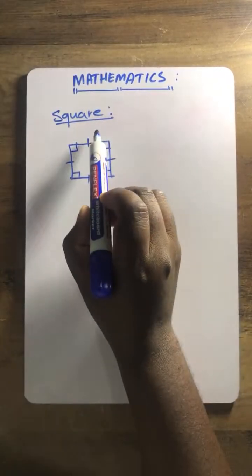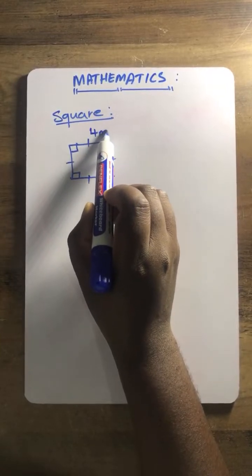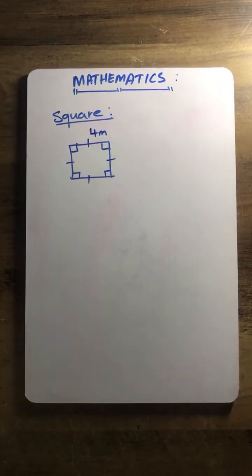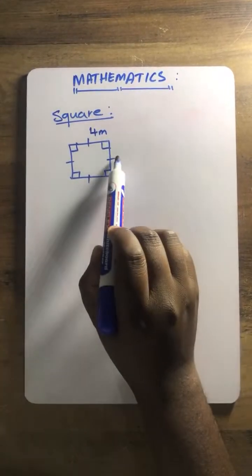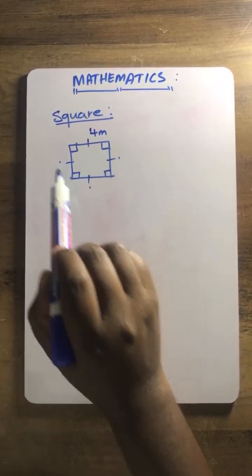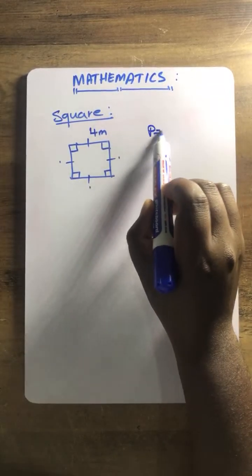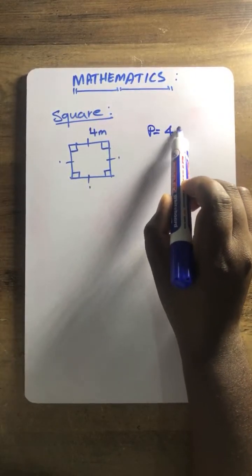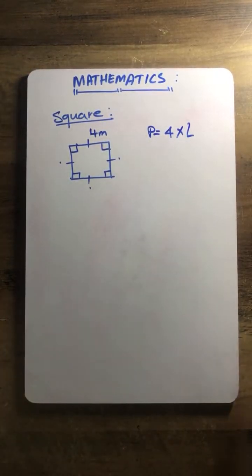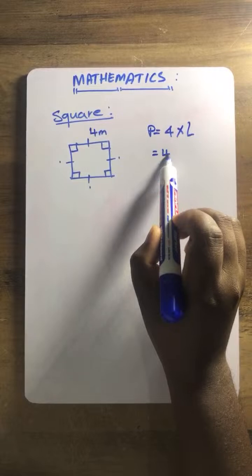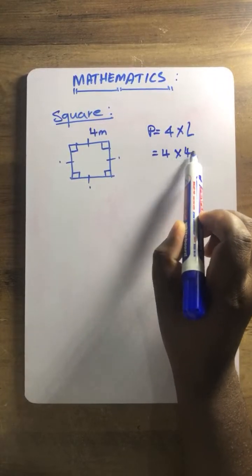So that means, for example, if we know that this is 4 meters, it's an obvious matter that because all the sides are equal, this is 4 meter, 4 meter, 4 meter. So when it comes to the perimeter, it would be 4 of all the sides, which makes it 4 times 4 meter.